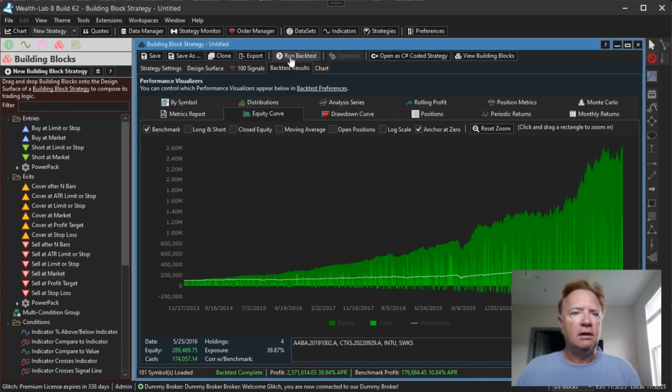So not all of those signals can be taken. What does WealthLab do? How does it determine which of those signals to actually fill? Well, it's determined randomly. So that's why every time you run this backtest, you get a different result.